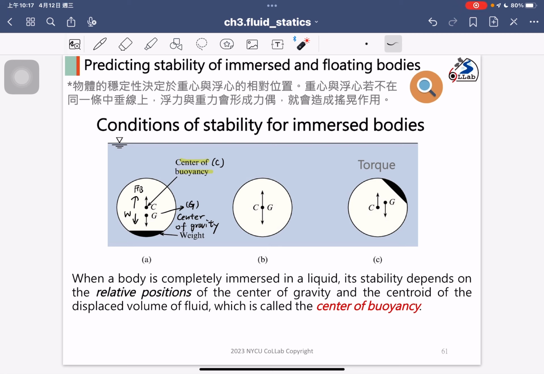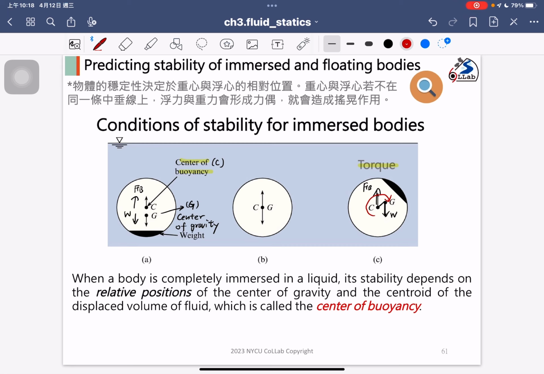But if you look at the case on the right-hand side, you know that the body has been disturbed by a force. The weight goes down and the buoyant force goes up, and there is an offset. Using your right hand and doing the cross product, you know that the rotation moment in that case will be clockwise, and a clockwise moment is a negative moment.